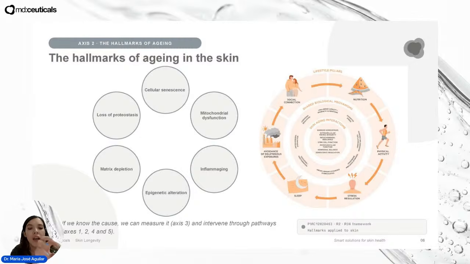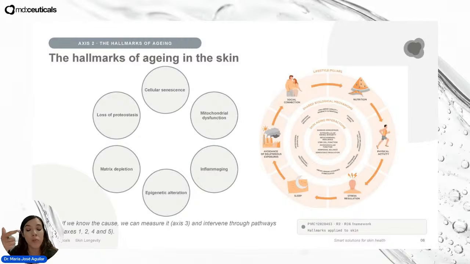Now, in the skin, we are going to have all these dysfunction processes that create the aging process and make the longevity decrease with time. So we have all these precursors that could impact cellular senescence.